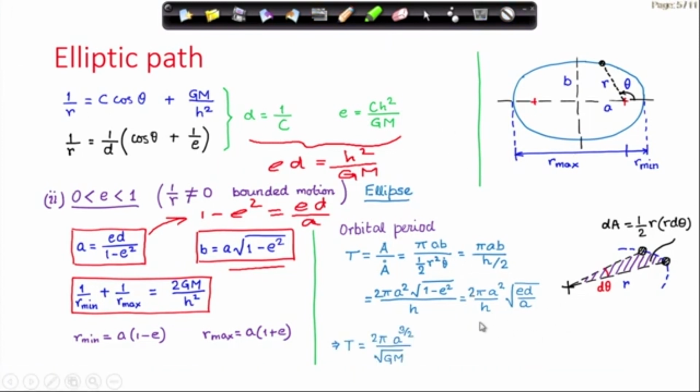If I do all these simplifications, using 1 minus e square as e d by a and e d as h square by G M, finally I arrive at this expression of the time period on the elliptic path.